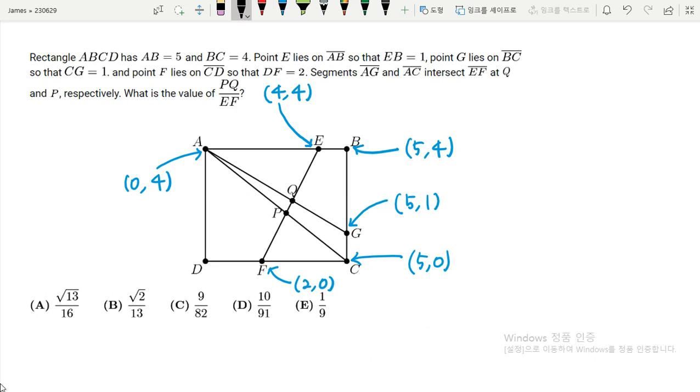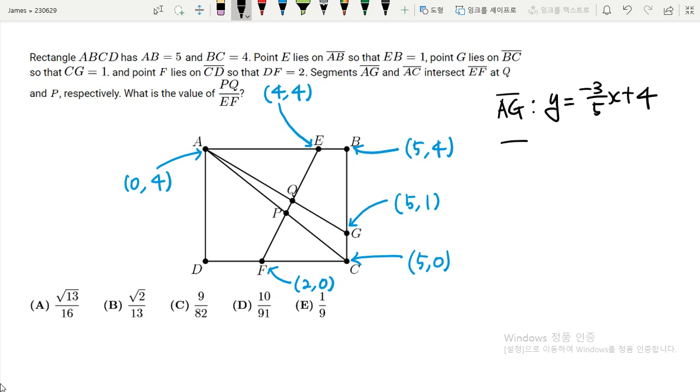So for segment AG, the slope is negative 3 over 5. Yep, this is the equation for segment AG.